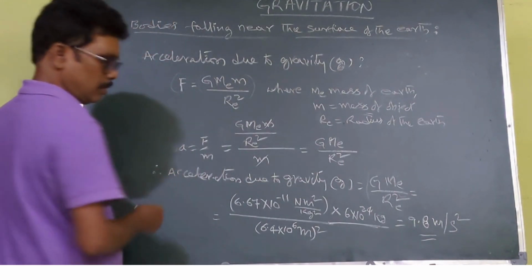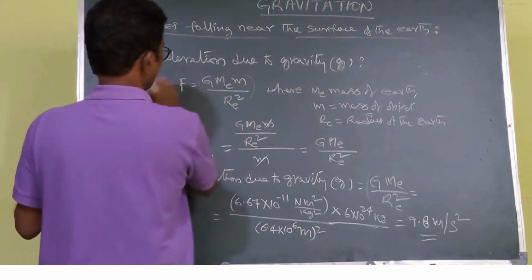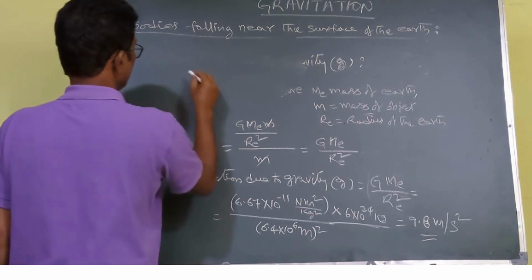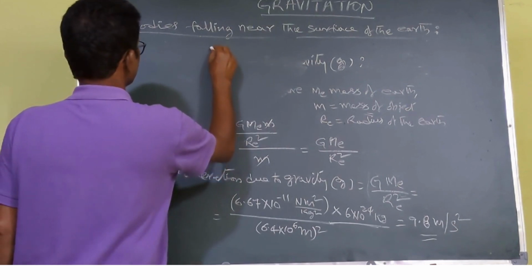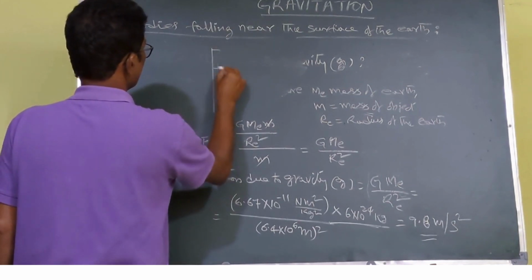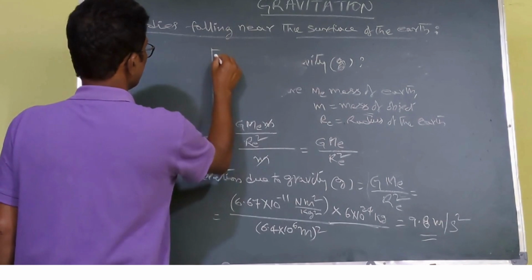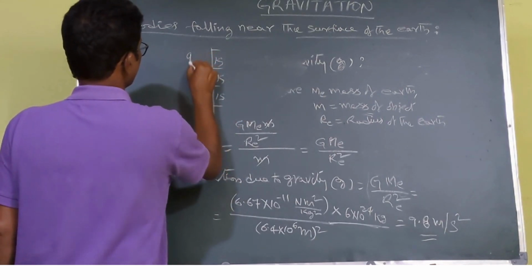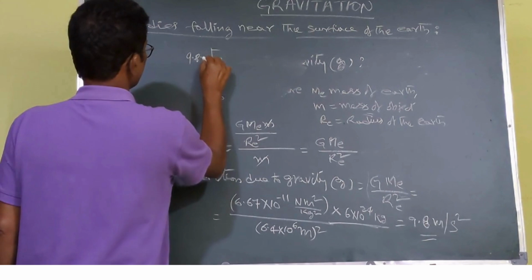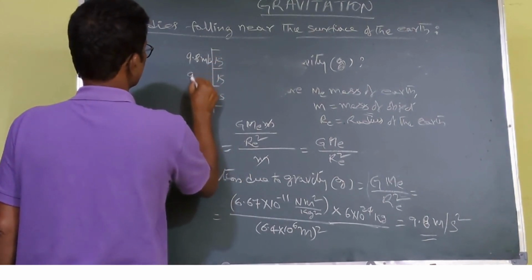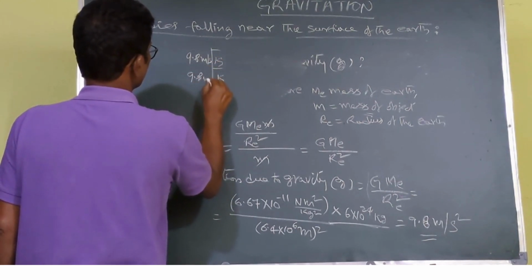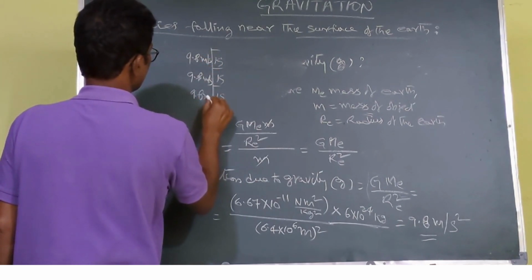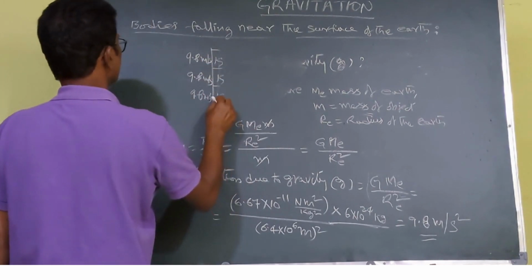One more thing we have to understand here. 9.8 meter per second squared means that while the object is falling, every 1 second its velocity is increasing by 9.8 meter per second.